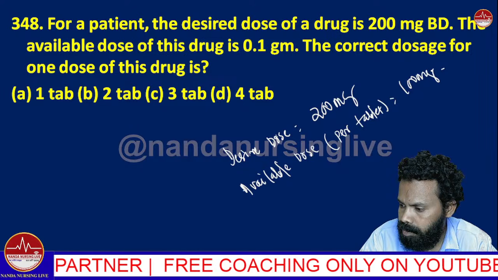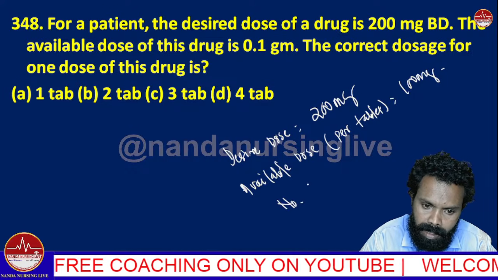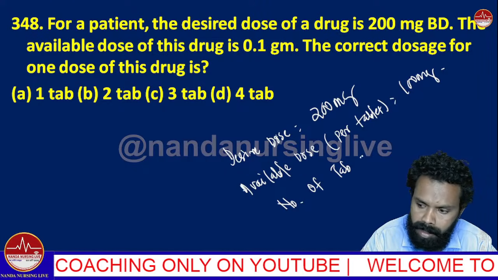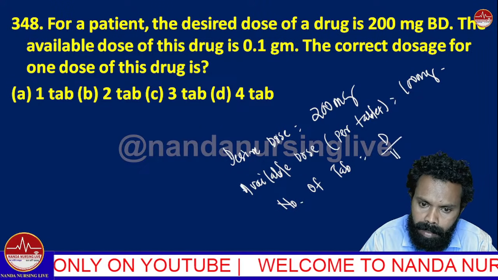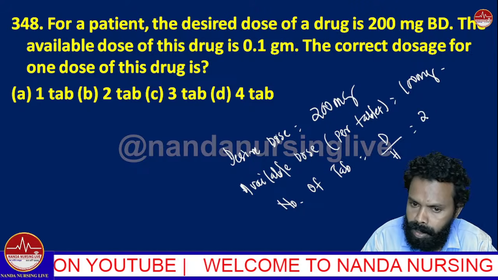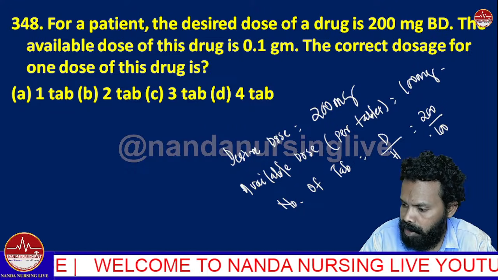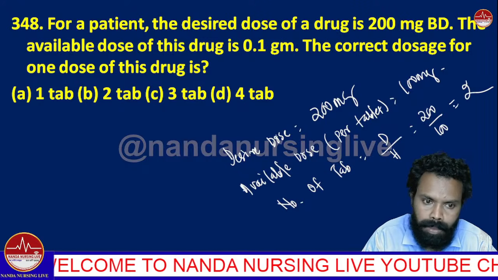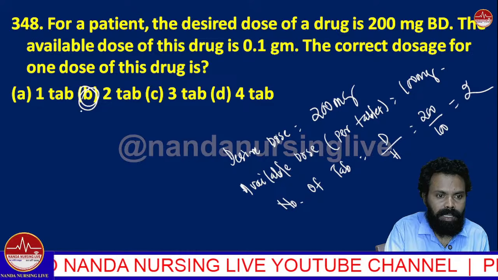So the number of tablets is desired dose divided by available dose in hand, so 200 divided by 100 milligram per tablet. The answer will be 2. So the correct answer is 2 tablets. Option B is the correct answer.